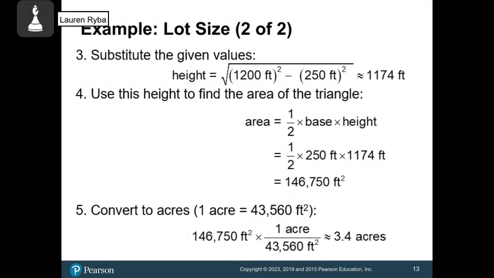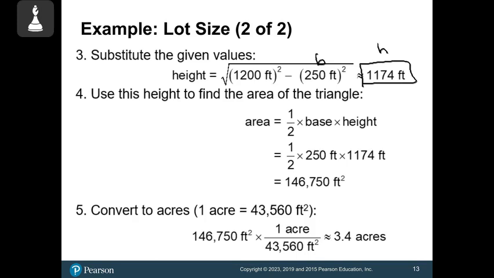Filling in those values now, C was 1,200 feet, and the base was 250. So I would go to a calculator and I would type this whole thing in, the square root of 1,200 squared minus 250 squared, and I would get 1,174. So this now is my height.